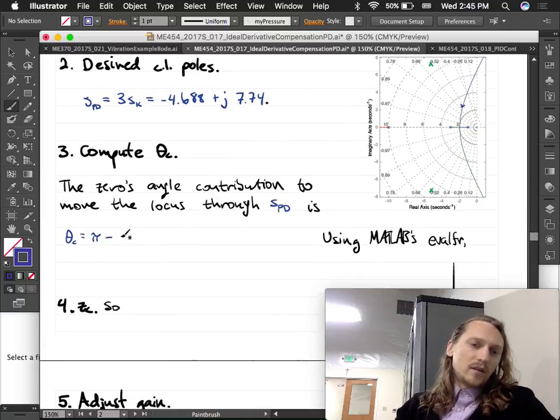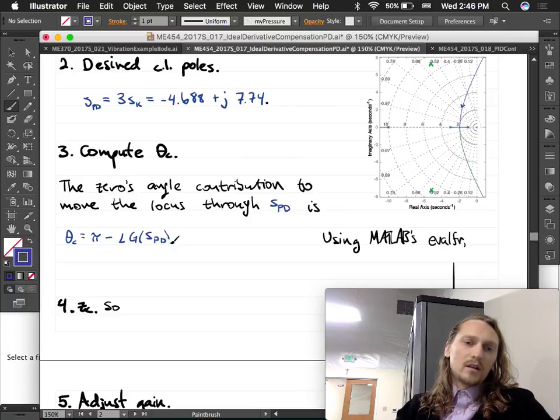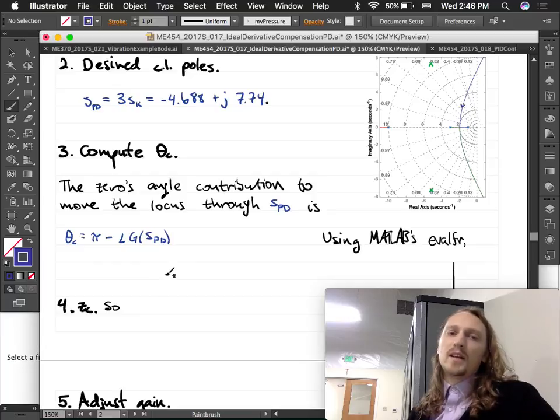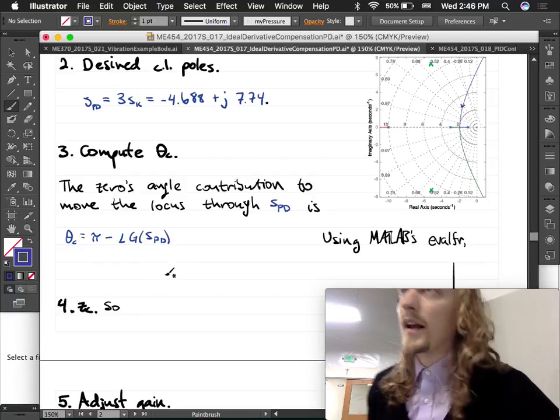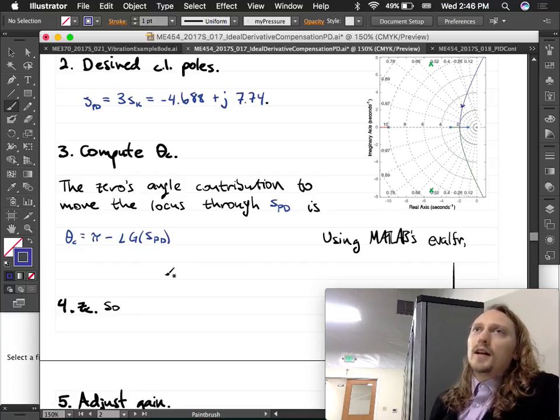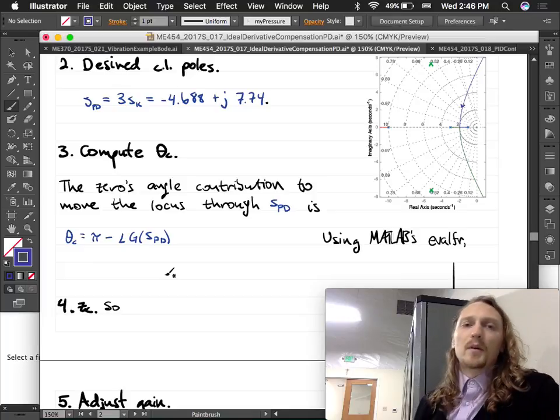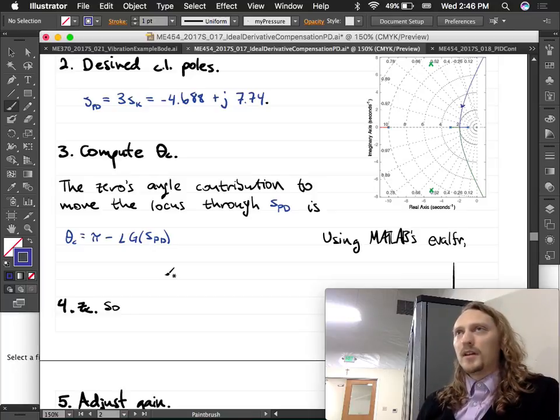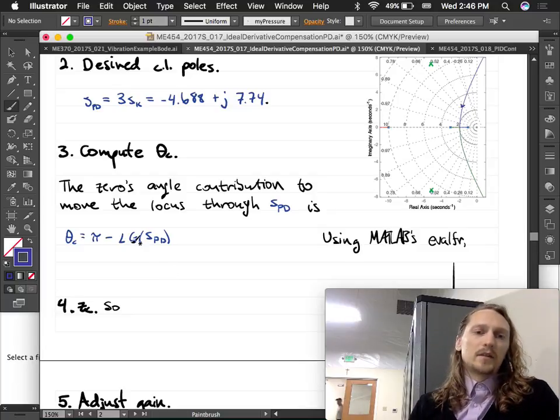So we could do angle of G of S_PD. It's not the angle of S_PD. You need to actually evaluate it in the transfer function, because that's how much it contributes to that angle. So that is not something that I would want to do by hand, typically. It's an angle that's pretty easy to compute, though, if you use MATLAB.